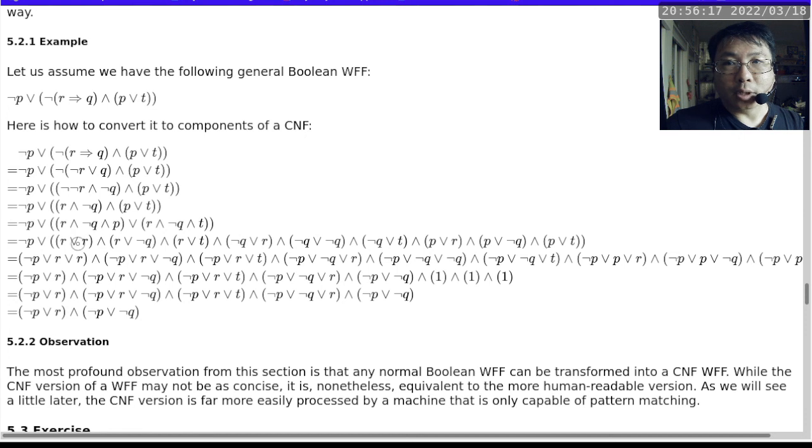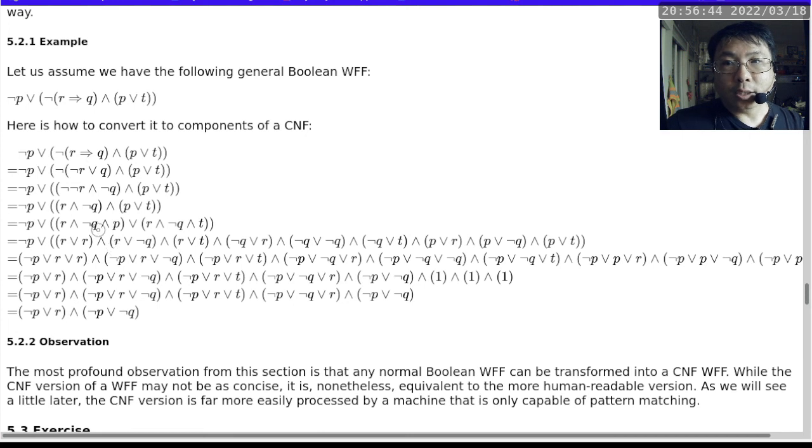So now we have R and R or R, and R or not Q. Basically, I'm pairing up this R and using this operator with every single one on the other side. That's why we end up with R or R, R or not Q, and then R or T. And then all of those terms are anded together because that's how distribution works.